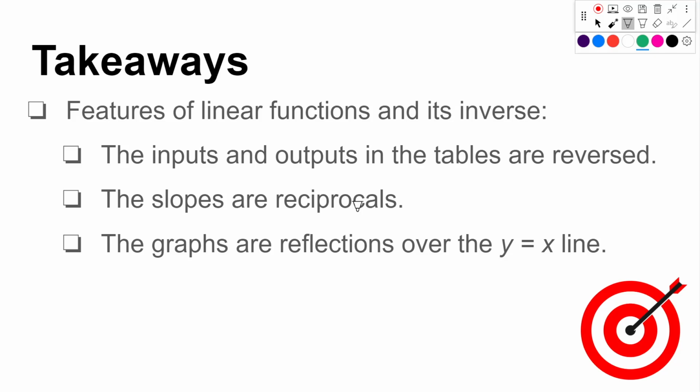So our takeaways here are that the inputs and outputs in the tables are reversed. X and Y are reversed. The slopes are reciprocals, meaning you flip the slope of your function upside down and you have the slope of your inverse. The graphs are reflections over the line y equals x.